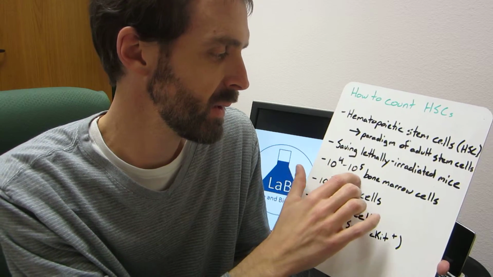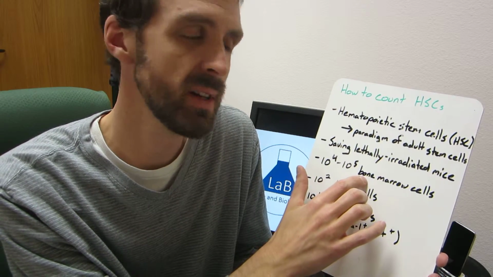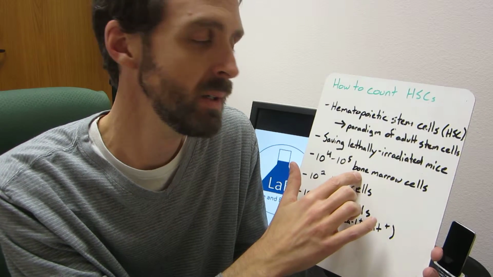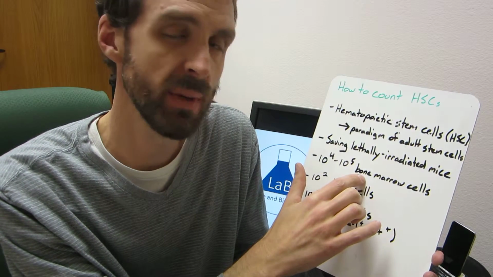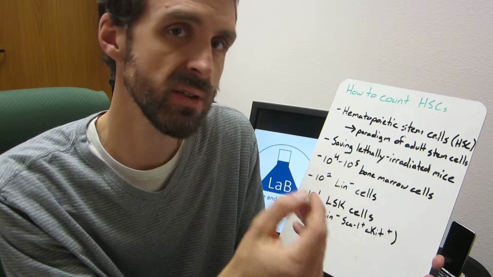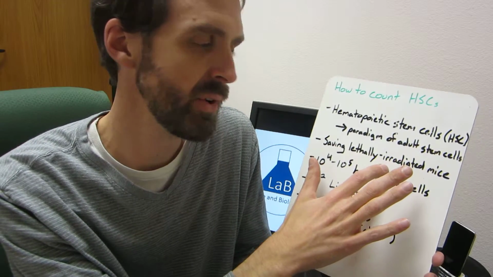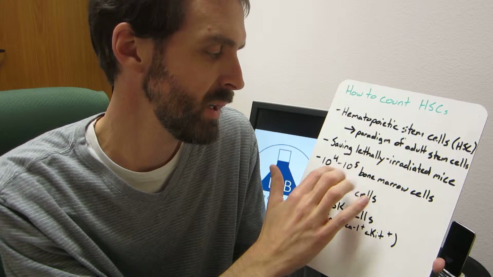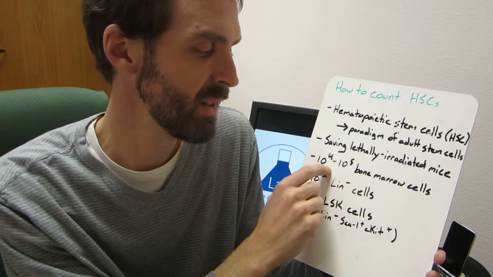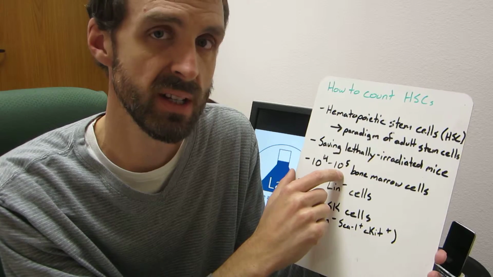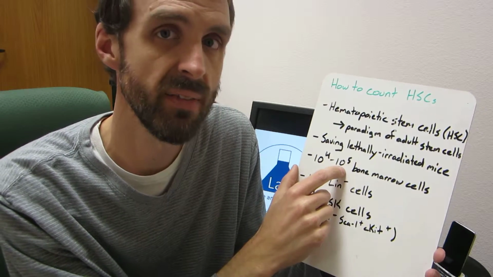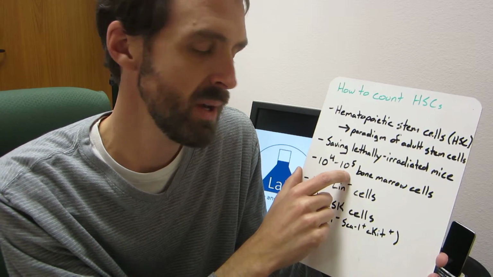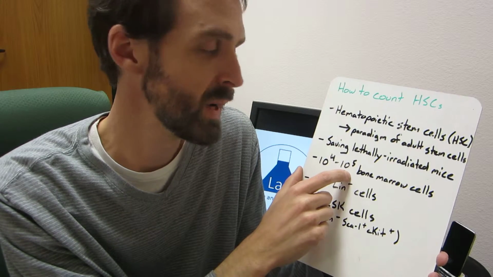Now, to do this, what you would do is collect bone marrow cells from a mouse that hadn't been irradiated and inject those into the tail vein of your lethally irradiated mouse. And as long as you used about 10 to the fourth to 10 to the fifth, so 10,000 to 100,000 cells, you would be able to rescue the mouse.